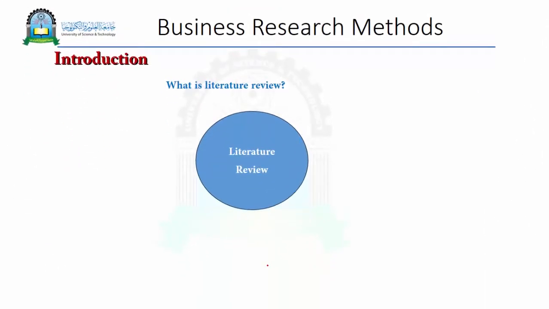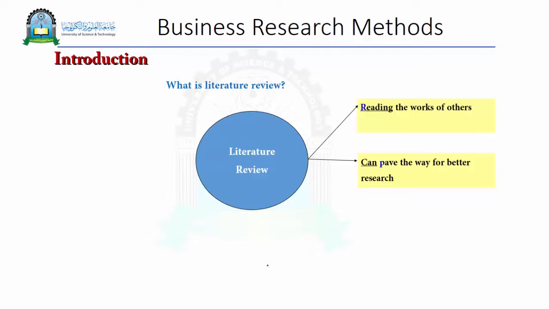At the beginning, we need to understand what a literature review is. A literature review is reading the works of others, which can pave the way for better research and help in identifying the reference of the research. So it is reviewing all the previous work in order to identify the relevance of the research, and for many purposes.